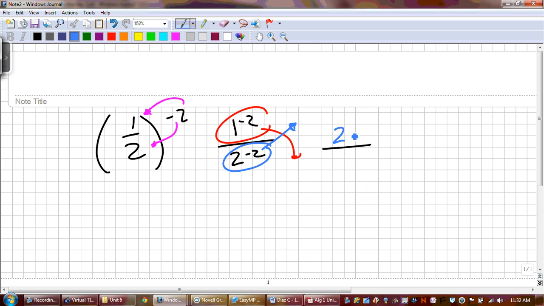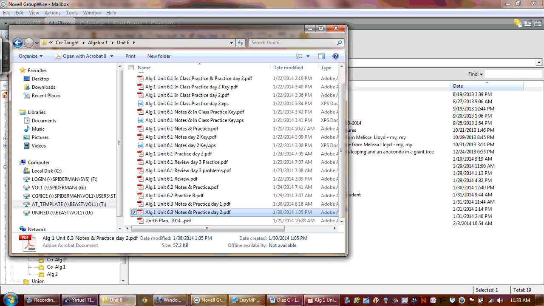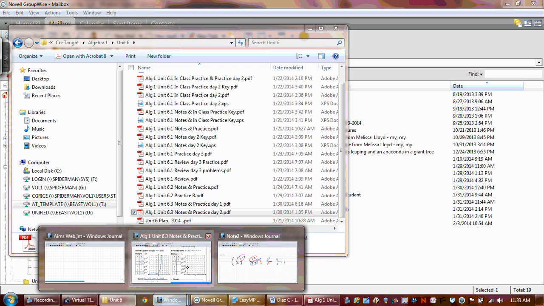So our new fraction would be 2 squared over 1 squared. And 2 squared is 4 over 1 squared, which is 1, and that's how we get 4. That's the really, really fast version of what we're doing.